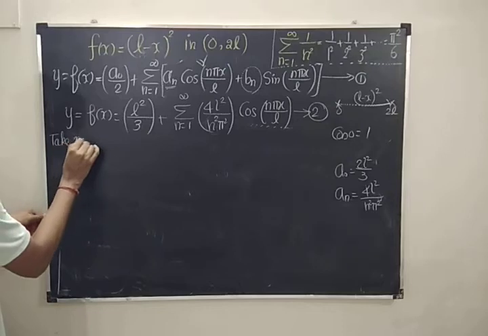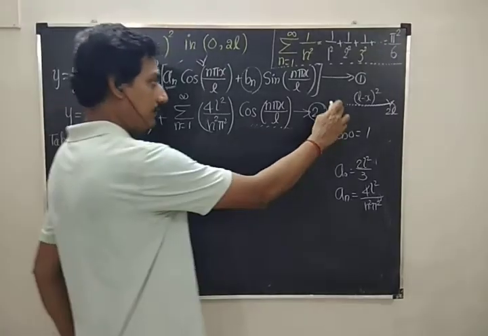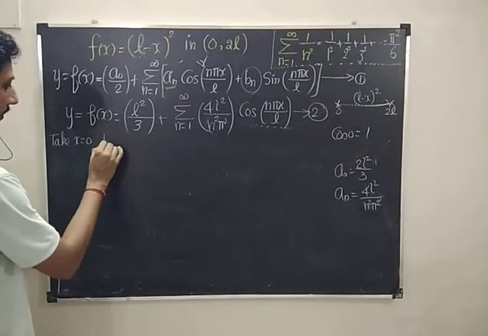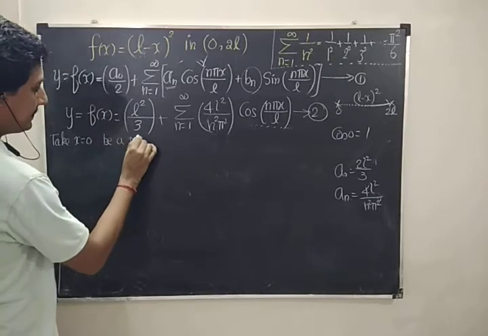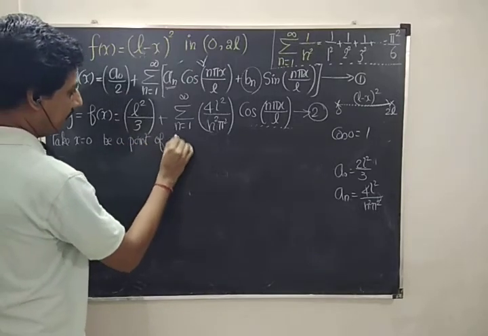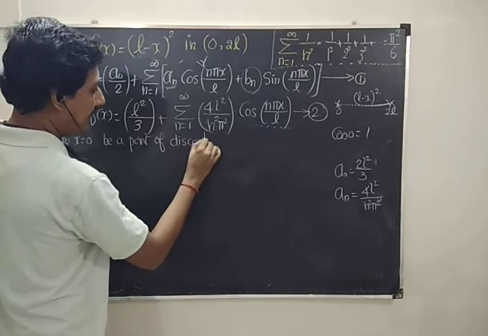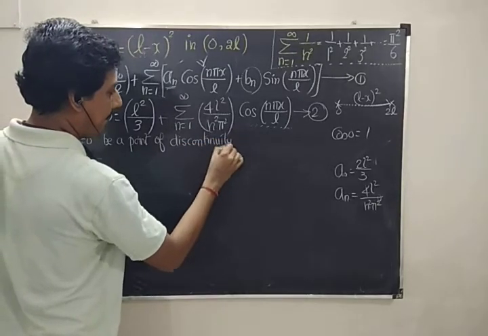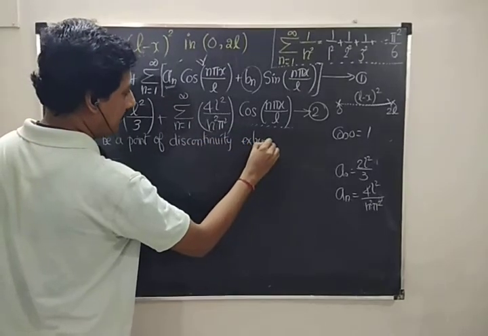Take x equal to 0. 0 is a point of discontinuity, in the extreme interval.